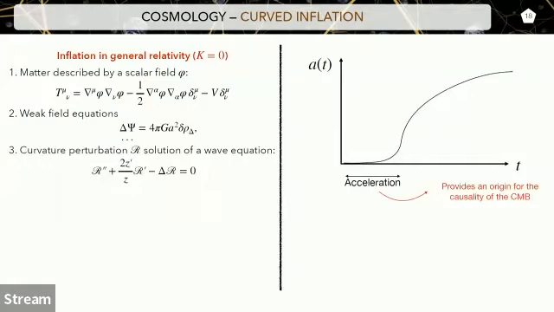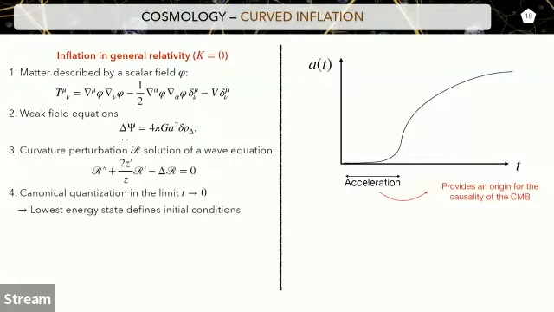We have this nice equation for the perturbation of the scalar field. We take a quantification. And what is really beautiful is that if we say, okay, what is the initial condition? We assume the simplest hypothesis, which is to say it was the lowest energy state, which we also call the vacuum state. And we say, okay, acceleration began basically in the vacuum state of the scalar field.